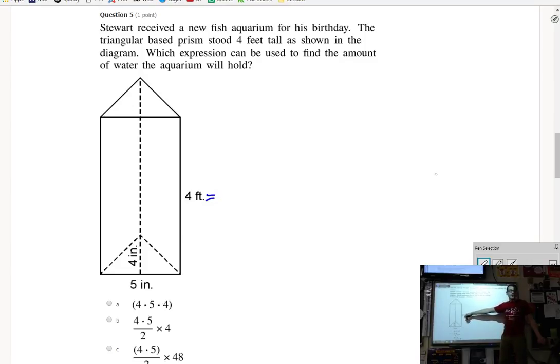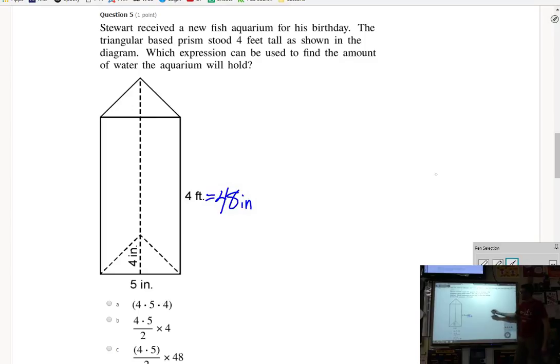Not that that's wrong, but I just need to convert it so we can multiply that by 12 and find out that that's 48 inches. Now I've got inches, inches, and inches, and now I can solve my problem. All my labels have to match when I start. Check that first. Do not fall into the trap.